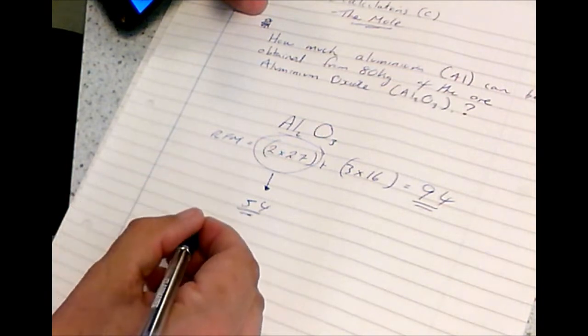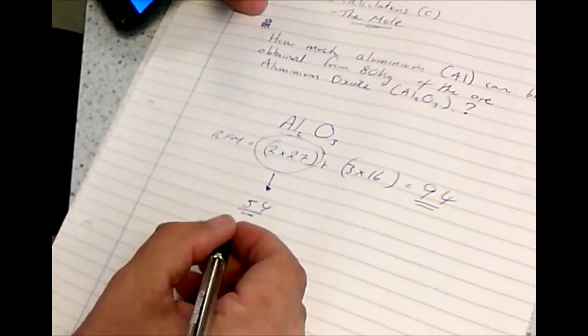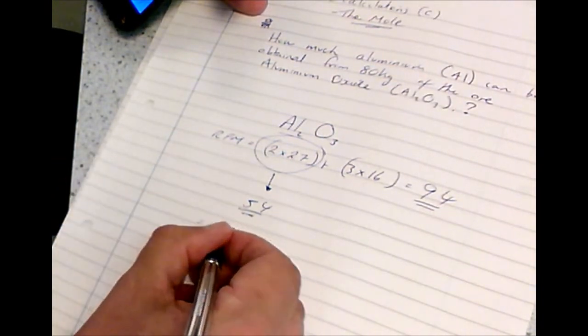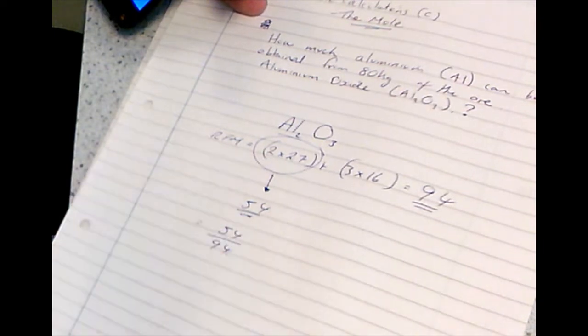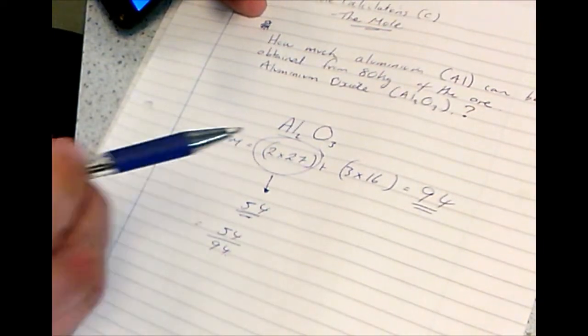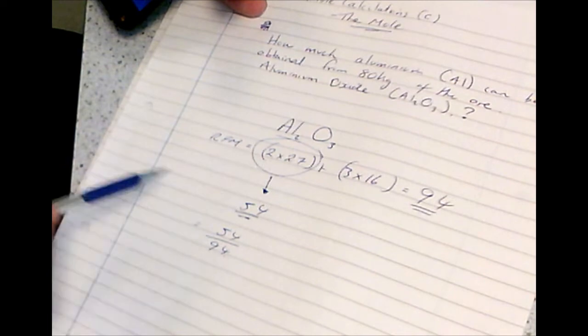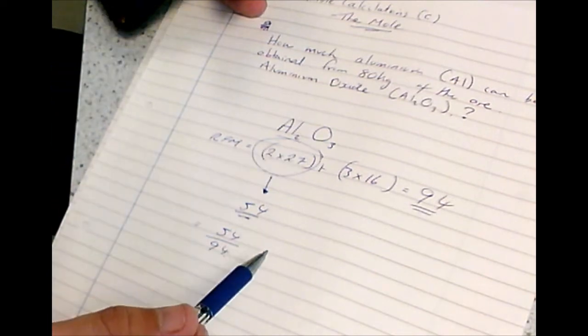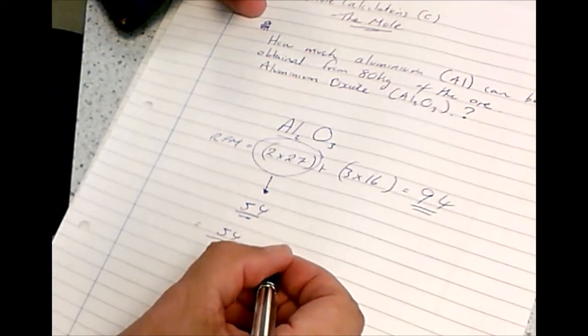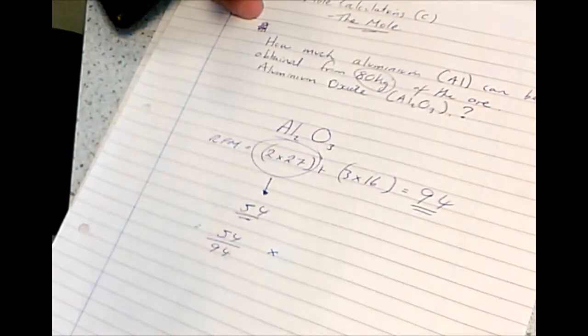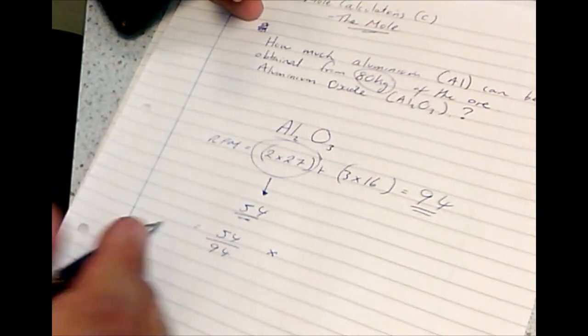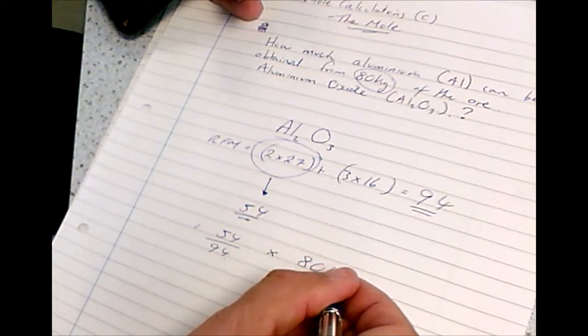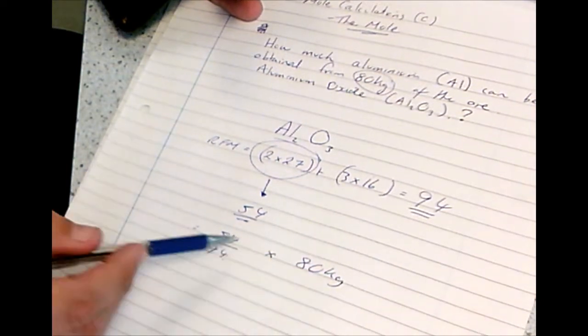As a fraction, it's 54 over 94. 54 over 94 of aluminium oxide is actually aluminium. Going back to the question: how much aluminium could I expect to get out of 80 kilograms?